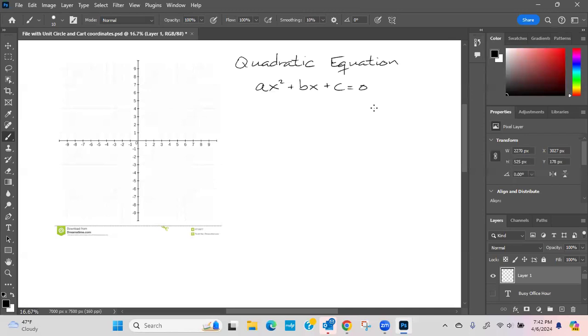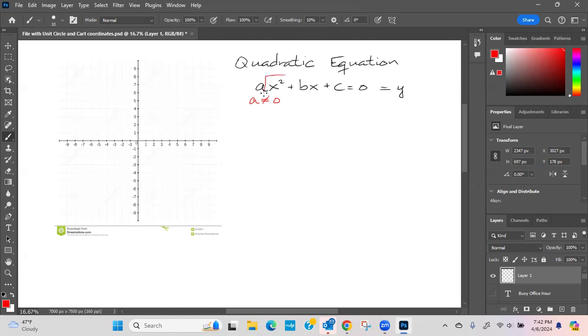Now, it doesn't have to necessarily equal 0. It might equal y or something like that. And in order for this to work, a cannot equal 0. If it is, we would have 0 times x squared, and so that x squared term would disappear.